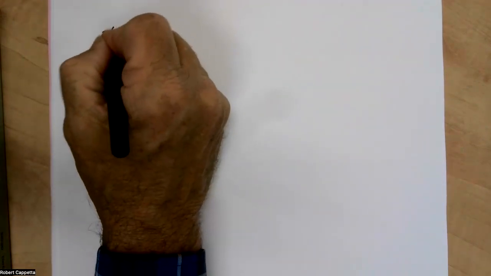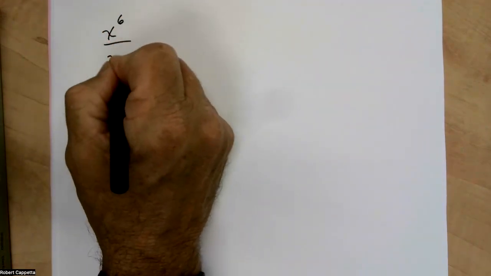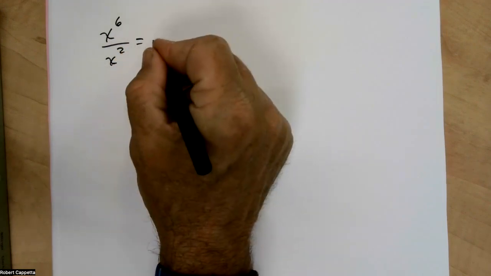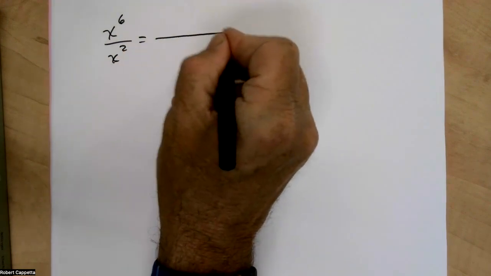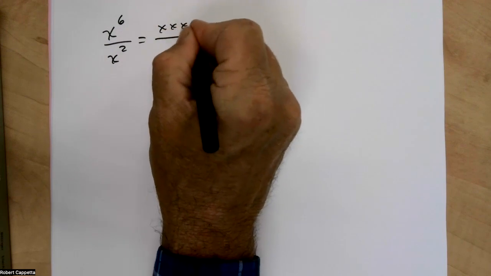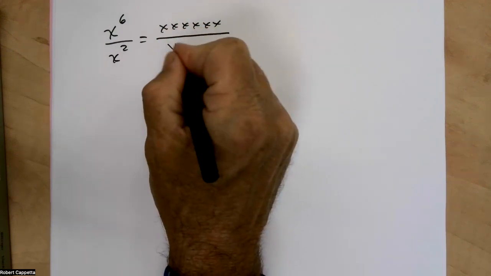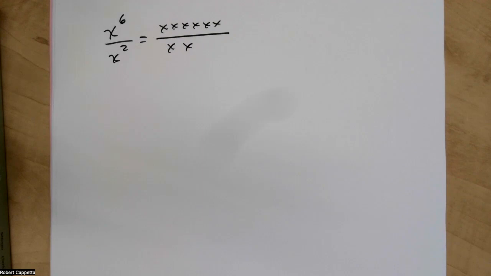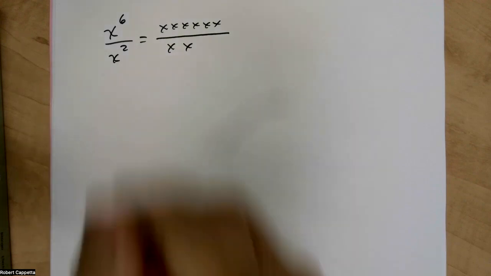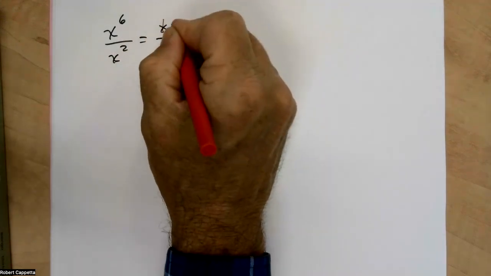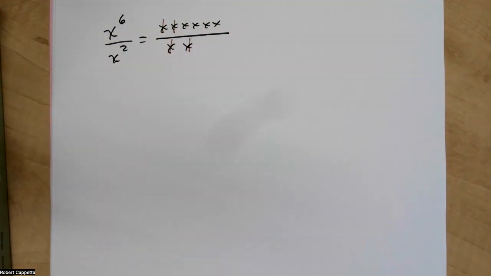If I have x to the sixth over x to the second, what does that mean? x to the sixth means x times x times x times x times x times x, and the second means x times x. And then we divide out. x over x is 1 over 1.